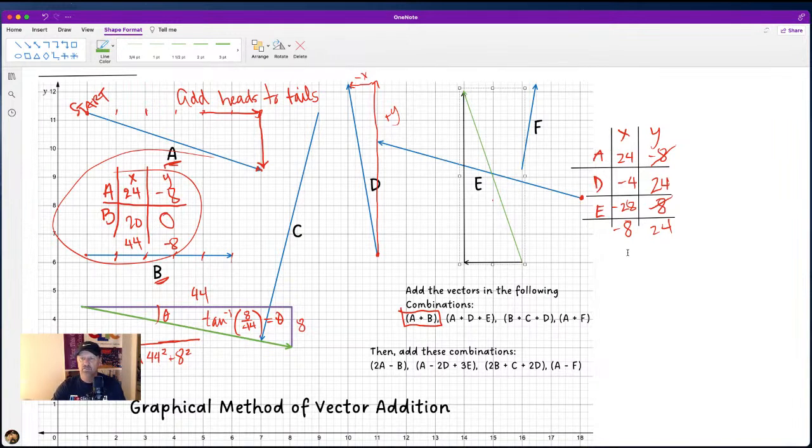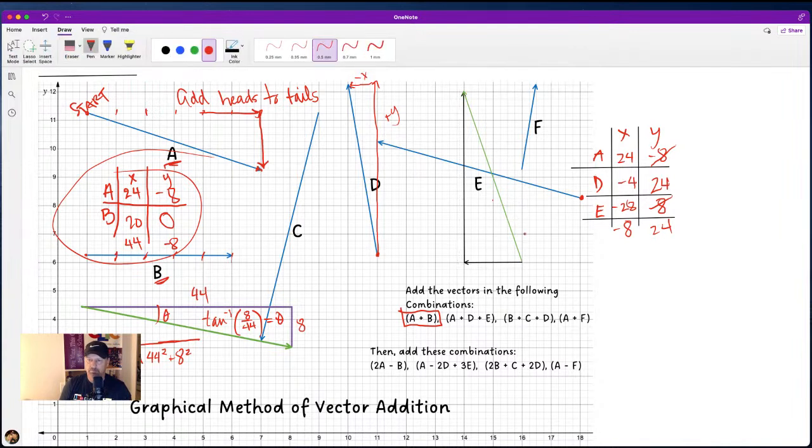And so our resultant vector would have a length of square root of 24 squared plus 8 squared. I'm not going to do the math on that, but that's the gist. And then the angle, of course, theta. Let's try that again.